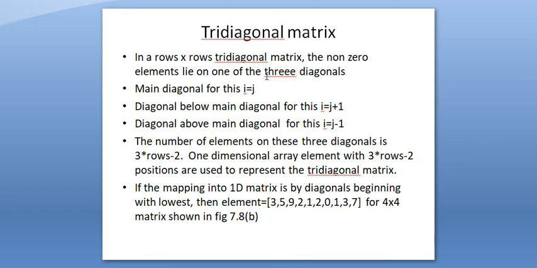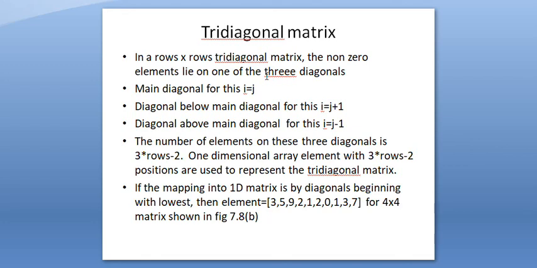So you have 4 plus 3 plus 3, which is 10 elements. 10 elements will be non-zero out of 16 elements for a 4 by 4 matrix. That's for tridiagonal. When the dimension of the matrix changes, it will change drastically. For now, we will concentrate on the 4 by 4 matrix.